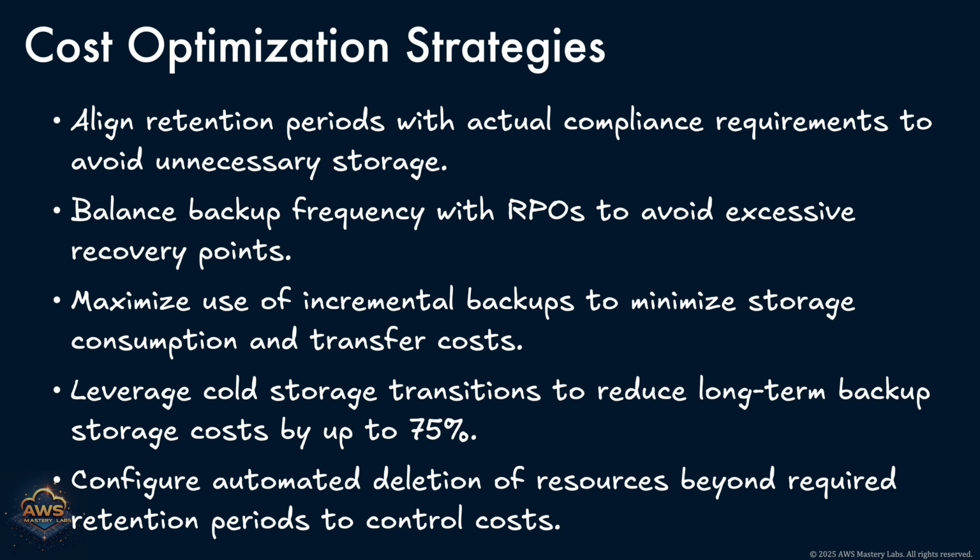Cost optimization also benefits from lifecycle automation. By setting policies to automatically delete expired backups, you ensure that data isn't retained beyond what's needed, further controlling storage growth and associated costs. Implementing resource tagging for cost allocation helps you track exactly where your backup spend is going.